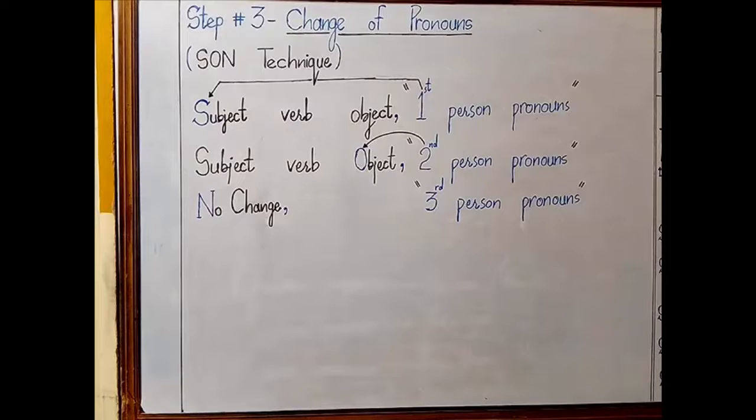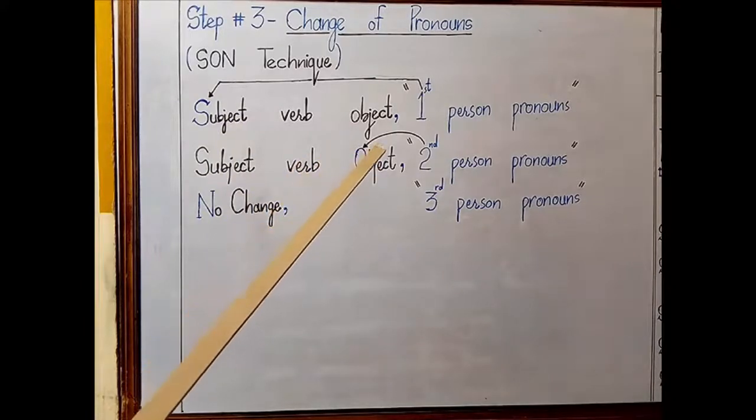Now I am going to apply this technique on a narrative sentence. I have made a figure on the board here. This is S for subject, O for object, and N for no change. I have exemplified you with three different sentences.